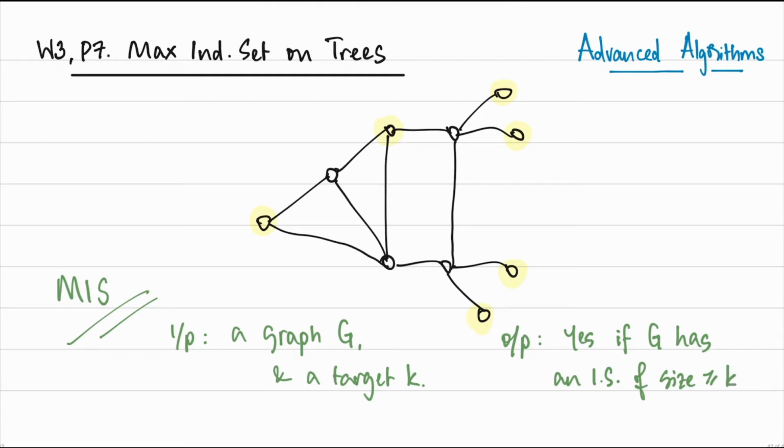The optimization problem is just find me a largest subset of vertices that form an independent set. So in general, it turns out that this independent set problem is quite hard, and we will in fact revisit it when we get to week 6.